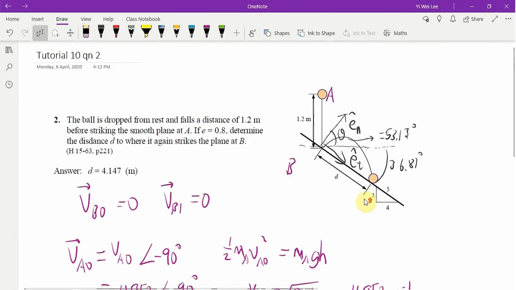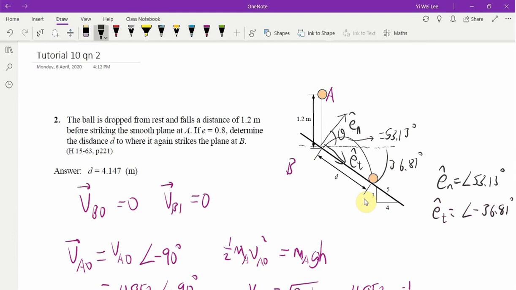But in this case, we can establish that e_n in the normal direction is a direction of 53.13 degrees, and e_t, the tangential direction, is a direction of negative 36.87 degrees. Right? You see that? So we have managed to establish that e_n is in this direction and e_t is in this direction.